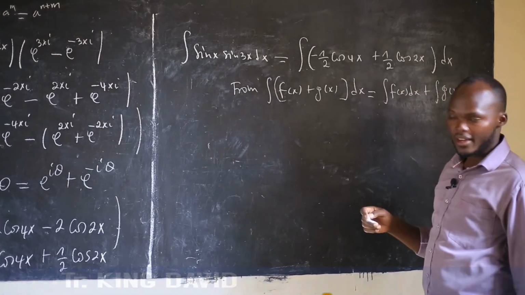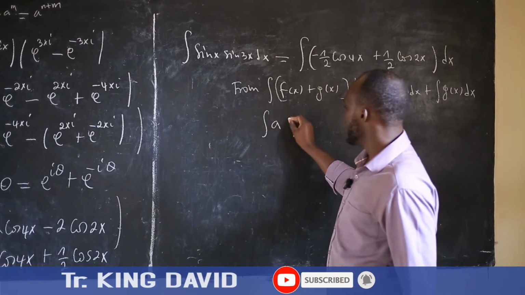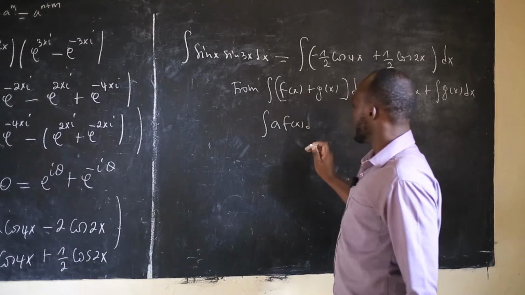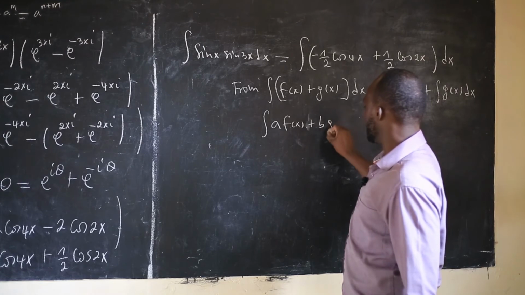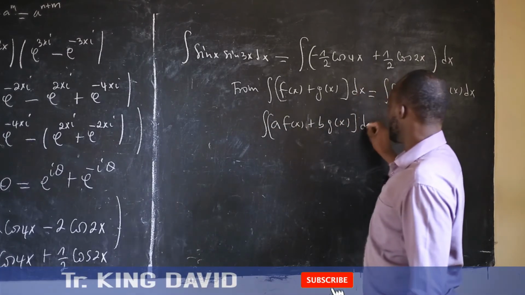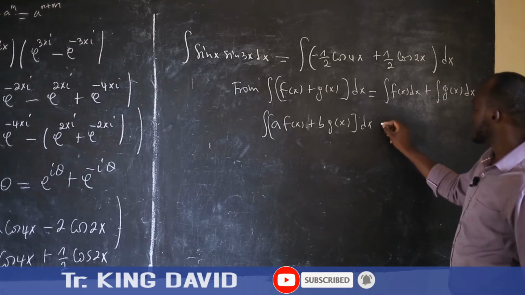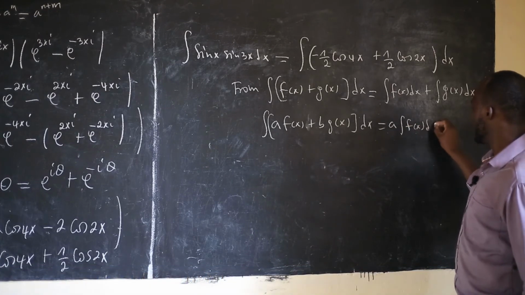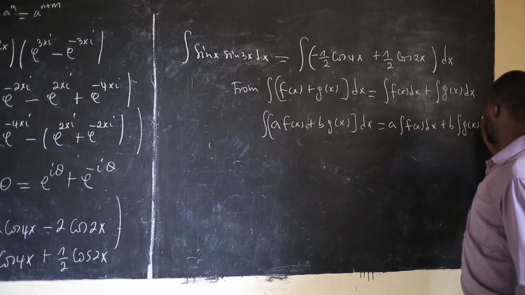So that's what we're going to do there. Also, when you have integration of a f(x) plus b g(x) into bracket dx, where a and b are constants, it is the same as a times integration of f(x) dx plus b times integration of g(x) dx.